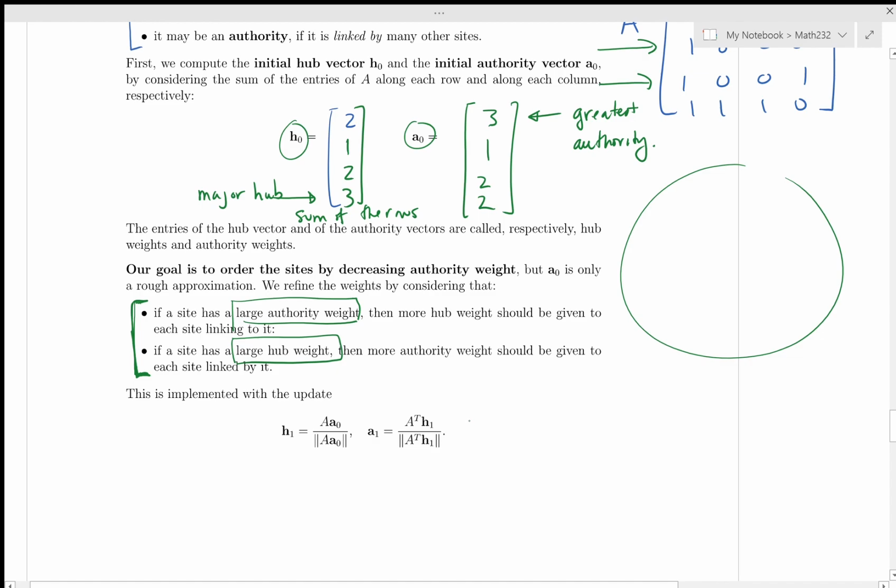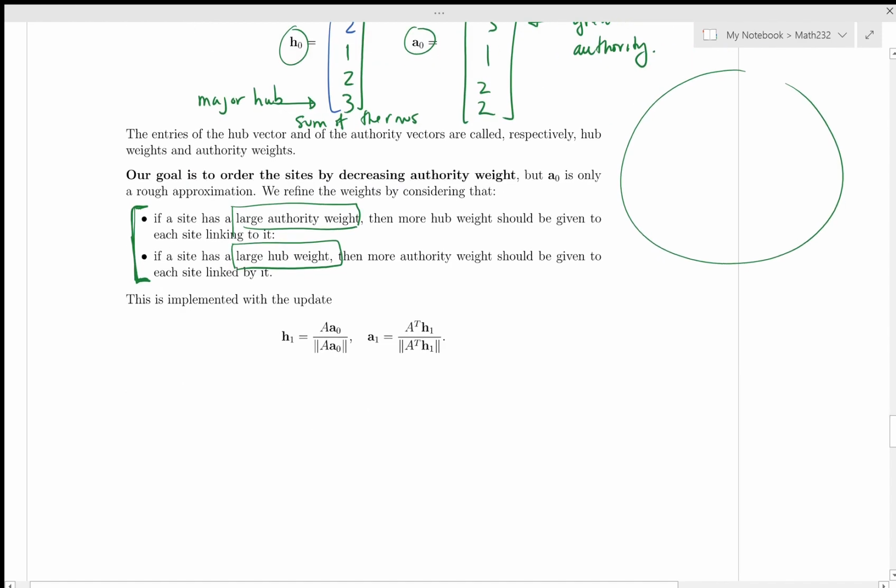So here is the update rule right here. We're calculating H1 and A1, and you will notice that I first calculate H1 here, and then this value of H1 is used right here to calculate A1.